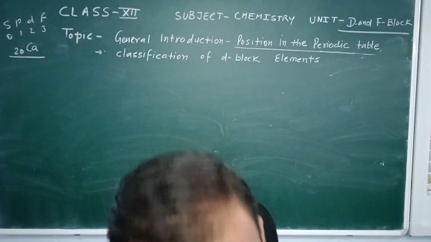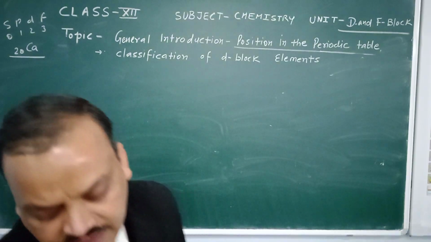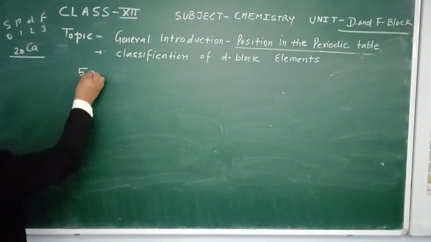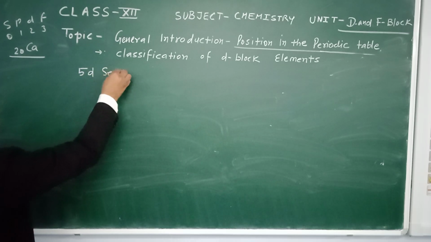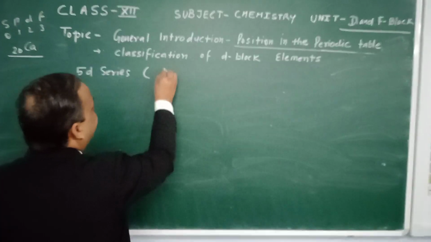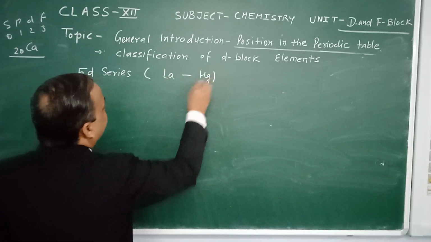The 5d series starts with the element lanthanum and moves up to mercury.